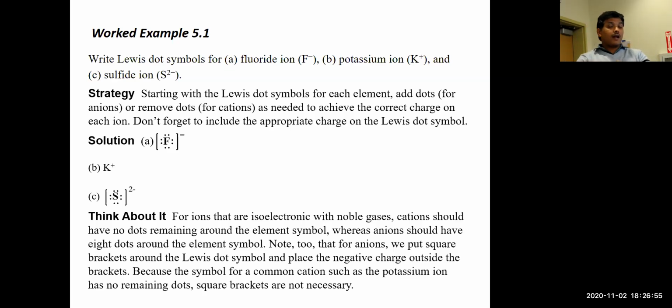This is how you practice writing Lewis dot symbols. Writing Lewis dot symbols is very important, not only in this chapter but in the next 2 chapters, where we are going to focus on how to draw a chemical bond between 2 or multiple elements. If you're going to be successful in drawing chemical bonding and molecular structures, you need to get really comfortable with Lewis dot symbols.